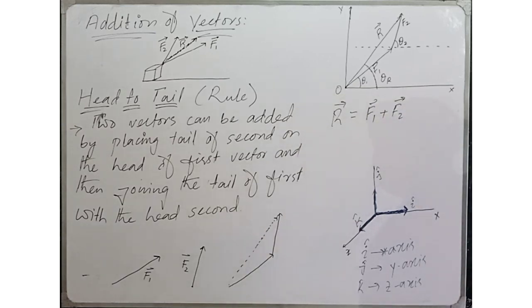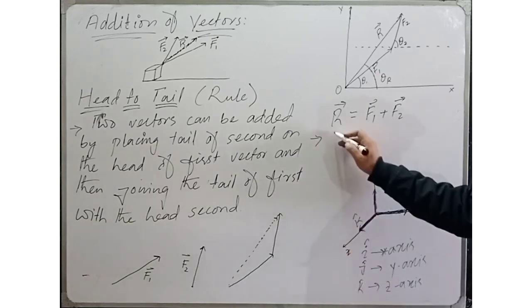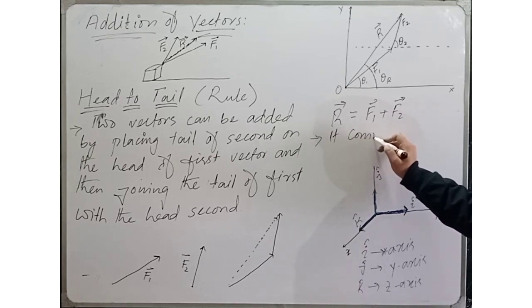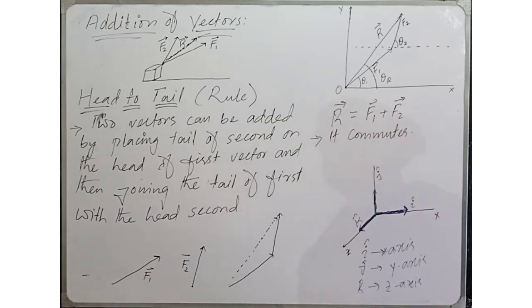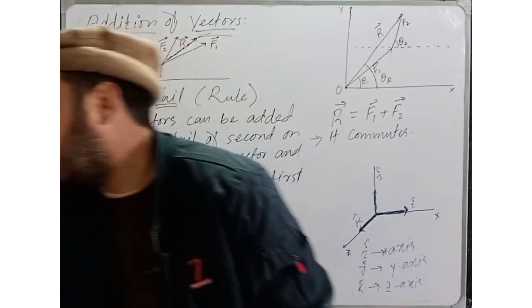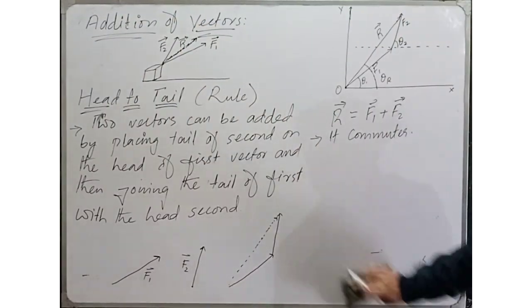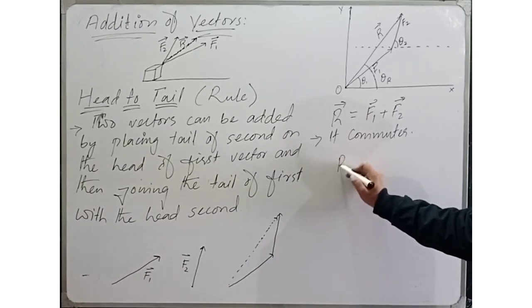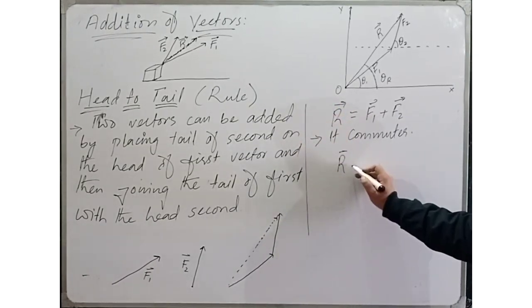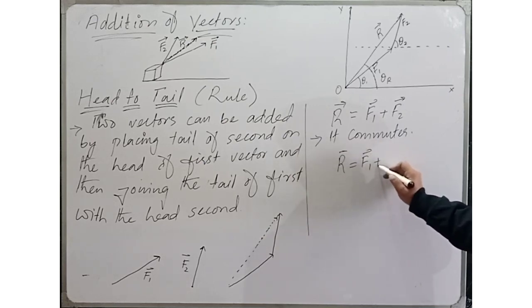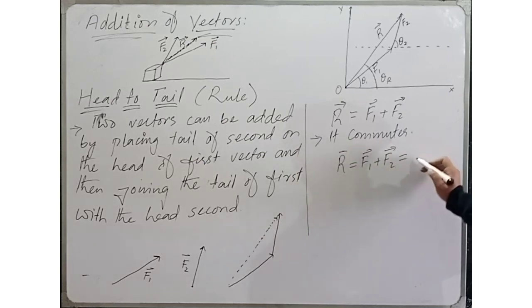One important thing about vector addition is that it follows the commutative property, so it commutes. What does it mean? It doesn't make any difference whether we draw F1 first or F2 first; the result will remain the same. So we can write that the resultant R is equal to F1 plus F2, and that is equal to F2 plus F1.